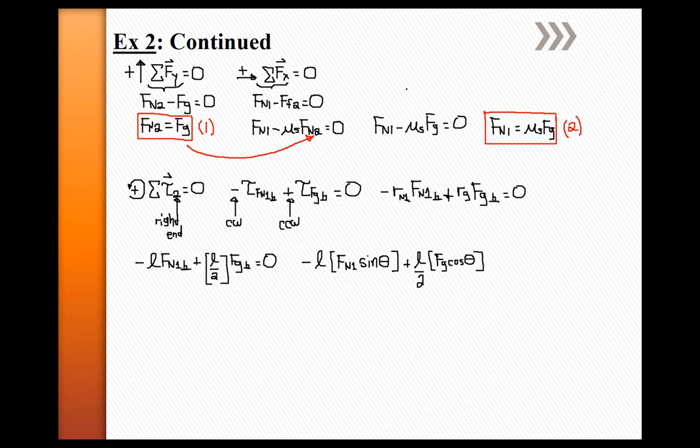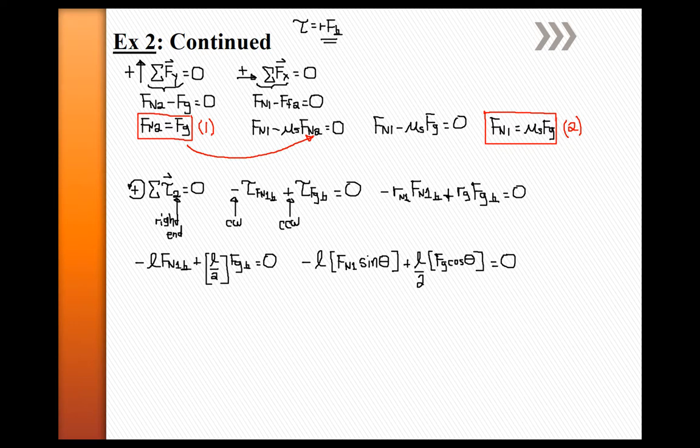By the way, this is why I like to write down torque as just R times F perpendicular, as opposed to writing it as RF sine theta. It might not be sine theta. It really depends on what the actual angle is when you've constructed your diagrams and how you've labeled the angle. So I just start off with torque as R times F perpendicular, and then do whatever geometry or math you need to do to figure out how the perpendicular component expands. That is going to be equal to 0.